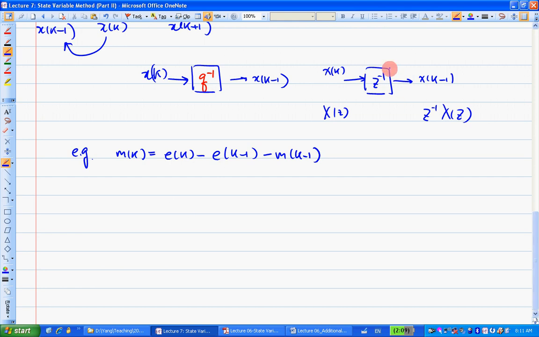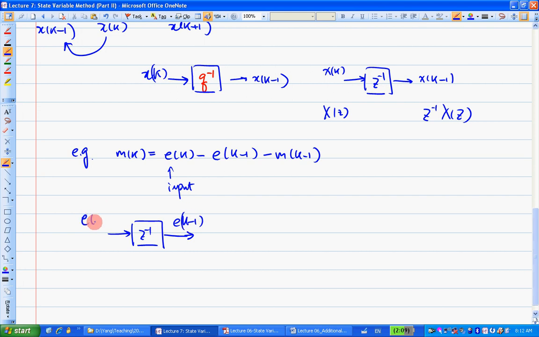So let's say I'm going to use this one here to build up this simulation diagram. If you look at the way that it goes here, there's e of k plus e of k minus 1. Now remember, e of k is the input. Given one step of delay, you have e of k minus 1 here.